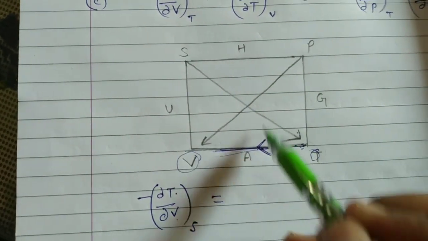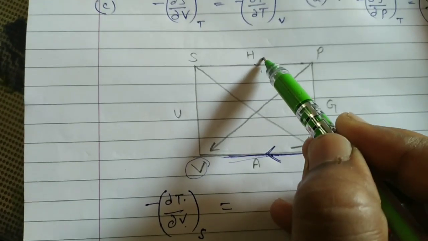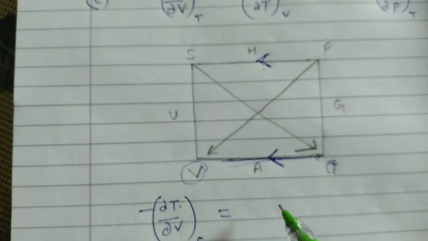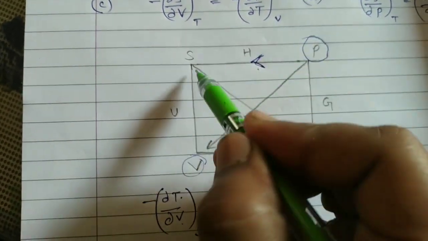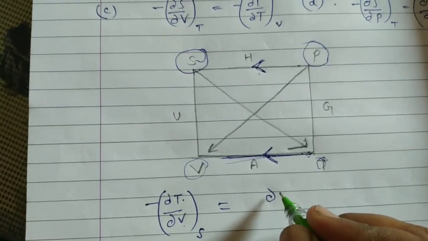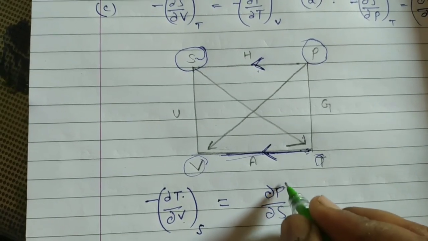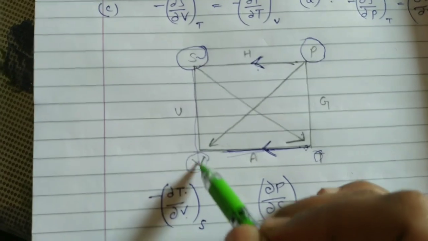So the line opposite to this side is this, and we have to go in the same direction. So we will write the partial differentiation of pressure. Here we are going from pressure to entropy. Means we will write partial differentiation of pressure divided by partial differentiation of entropy at constant volume.